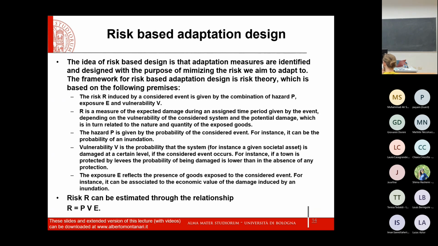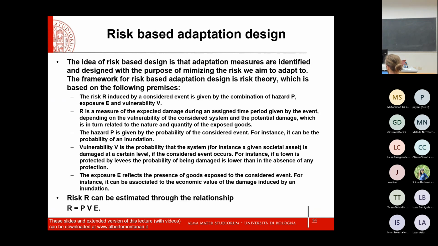So in the equation, you may get a vulnerability that is close to zero, the risk is low. But if the hot wave is plus 15 degrees, the cooling system doesn't work anymore, doesn't protect you anymore. So in this case, vulnerability would increase, and then the risk would increase. So it's not reasonable to assume that vulnerability is independent of the intensity of the event.